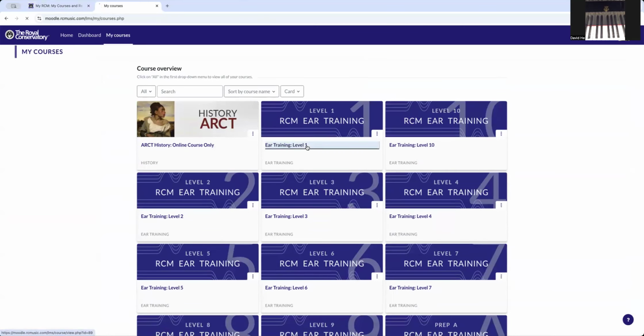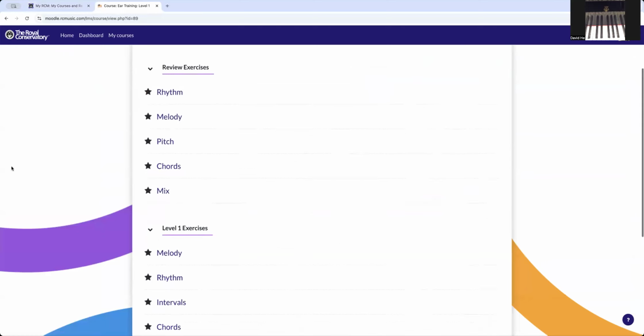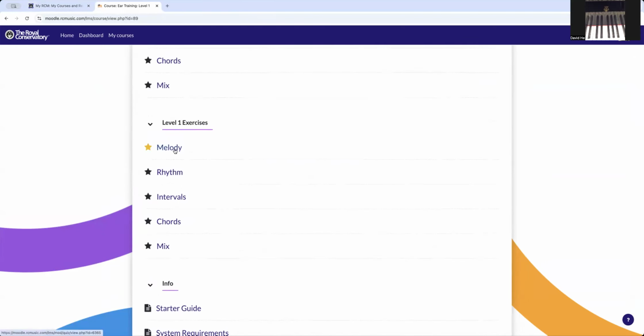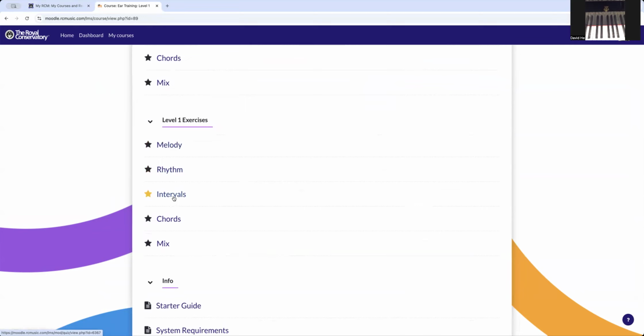Some of them are very easy, like the melody, and you can just give me the answer, which one is that. You can choose A or B or C. For the rhythm part, I'm going to let you clap back everything. For the intervals that we have already studied today, they're going to play two notes, and then you're going to name the notes. Sounds good? So only for the rhythm part do I need you to clap back.